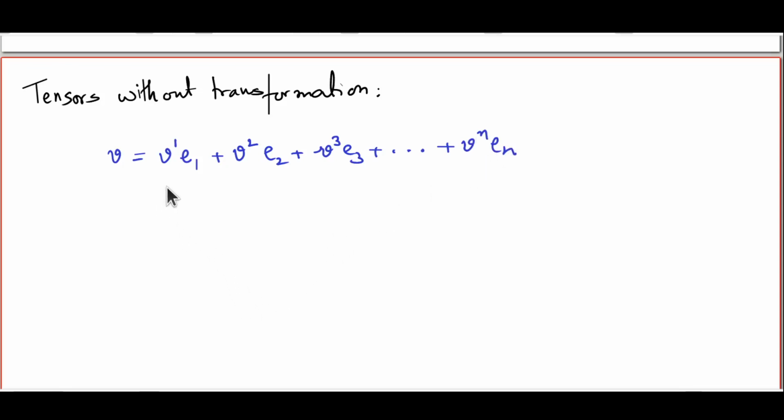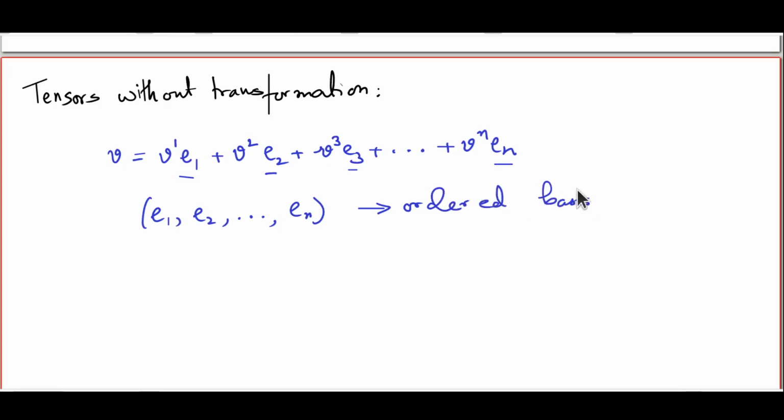What this means is that we are using a bunch of basis vectors, a specific n-tuple of them, taken in a very specific order, to form what is called an ordered basis of the vector space formed by all vectors, and any vector can be expanded in terms of that, where v1, v2, v3 up to vn are just n real numbers, the so-called components.